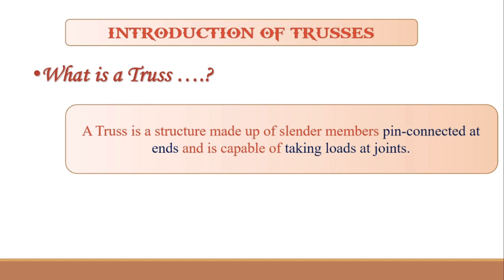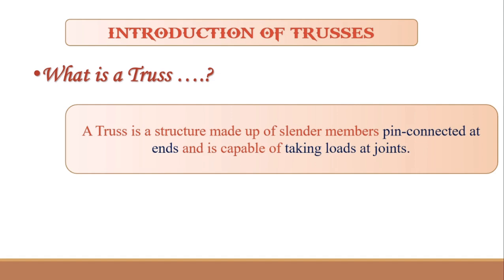A pin connection may be a riveted or bolt connection. So the loads are taken by the joints, not by the members. We will go through the detail when we solve the problems.